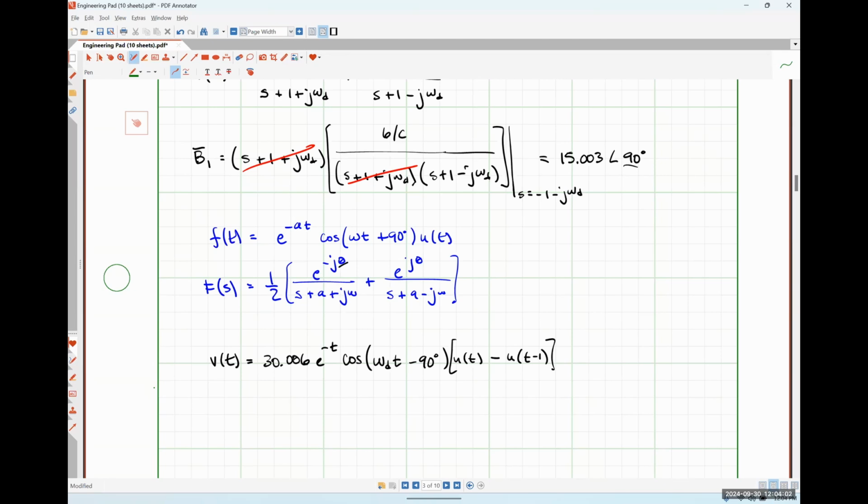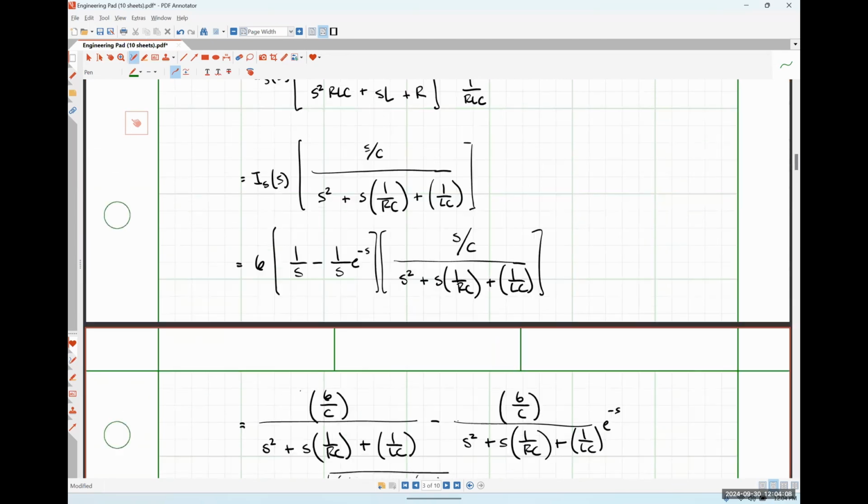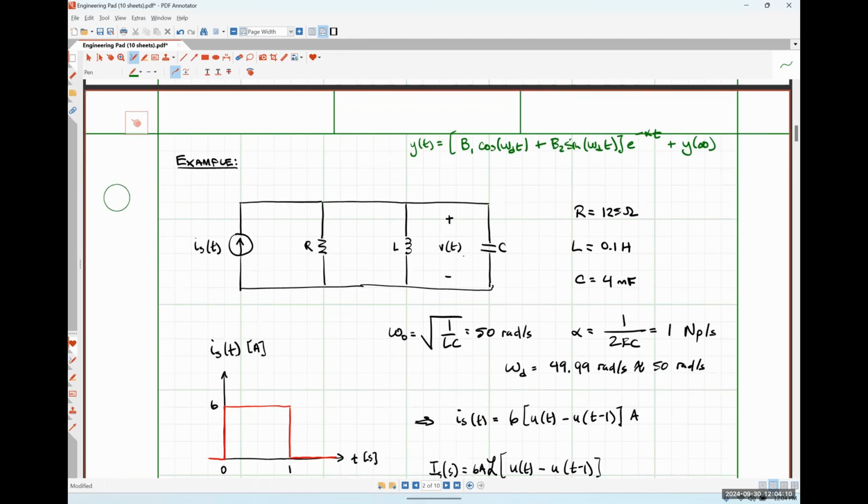It's just really, really close to correct. And that comes out of the fact that when we were looking way back up here to calculate this omega d, it is the square root of omega naught squared minus alpha squared. And because this guy is 50 times larger than this guy, omega d is going to trend towards just what omega naught was.